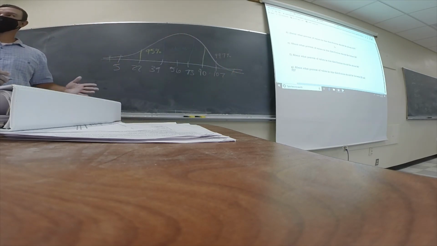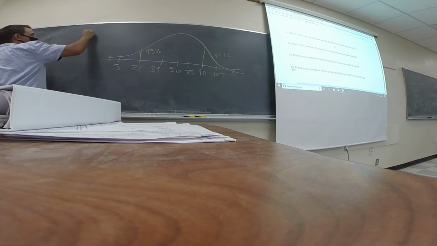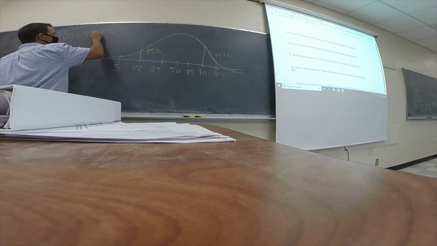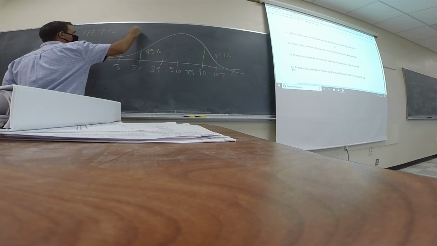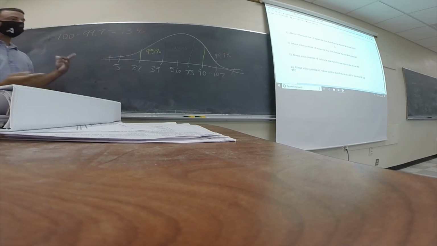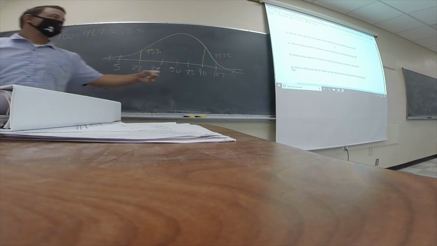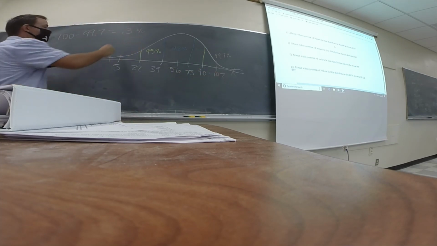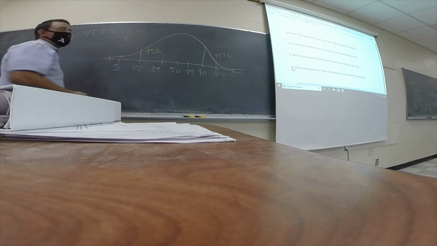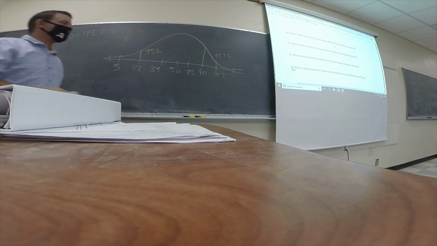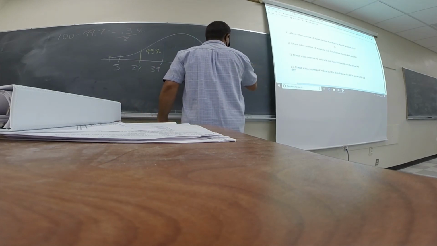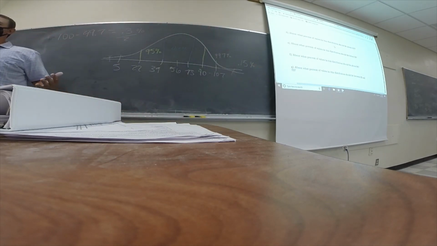So 99.7, I'll subtract that from 100, I get 0.3%. That's split between two locations. I want to know what's greater than 107. That's only half of it, right? So I need to divide by 2. So what percent is greater than 107? 0.15%. Does that make sense?